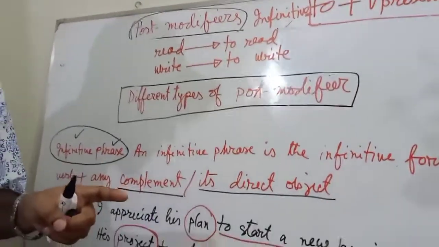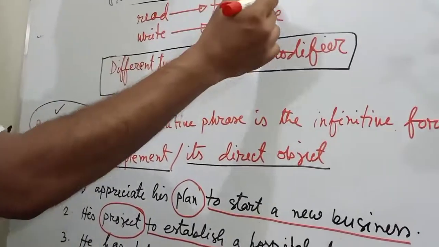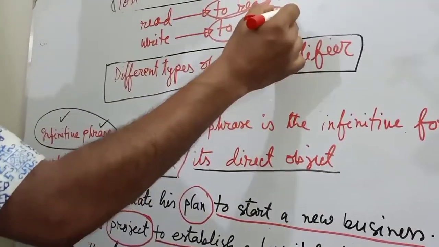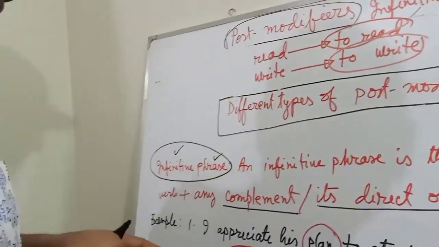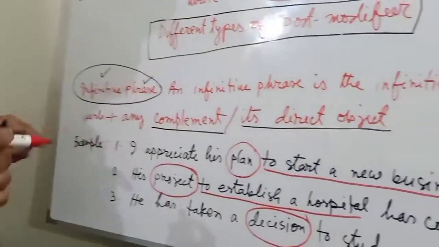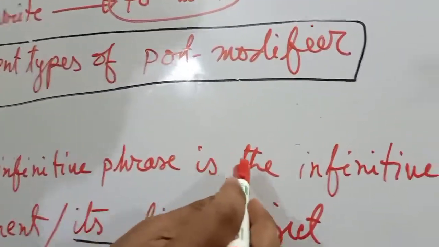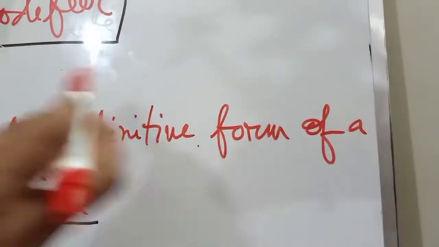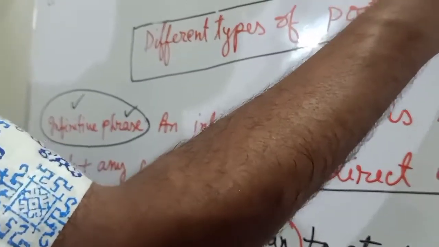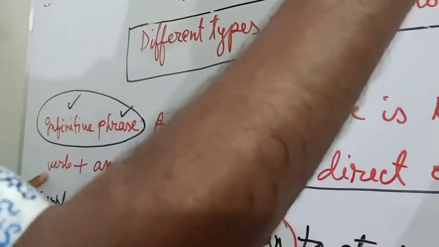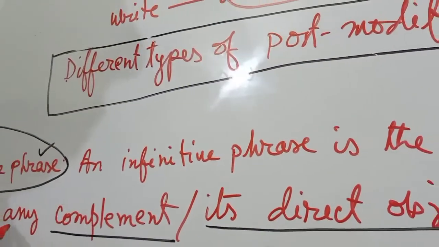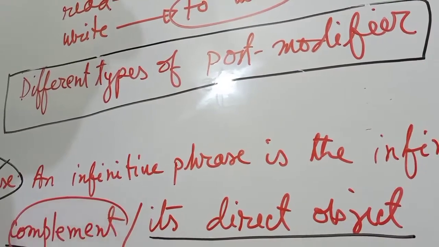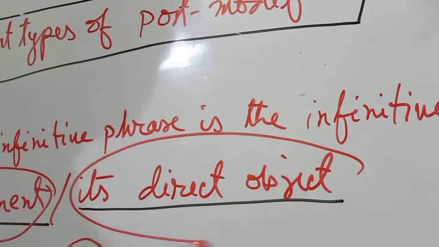Both this is infinitive, this is infinitive. But we have to know also about infinitive phrase. What is infinitive phrase? An infinitive phrase is the infinitive form of a verb, that is to read, to write, to go, to help, etc., plus any complement or its direct object.